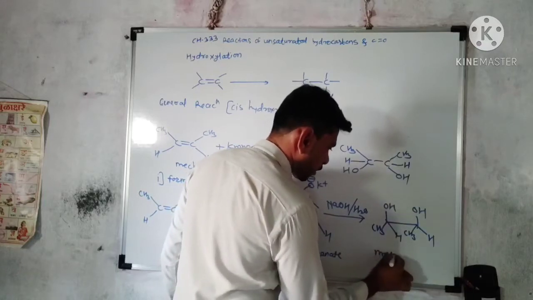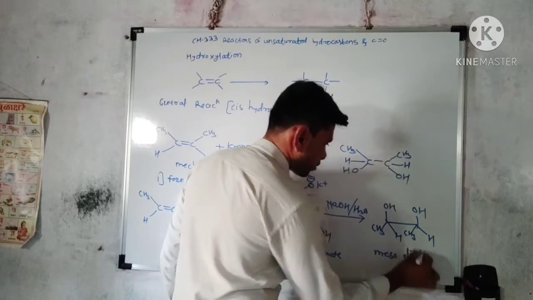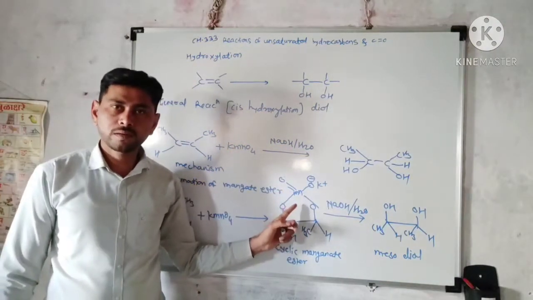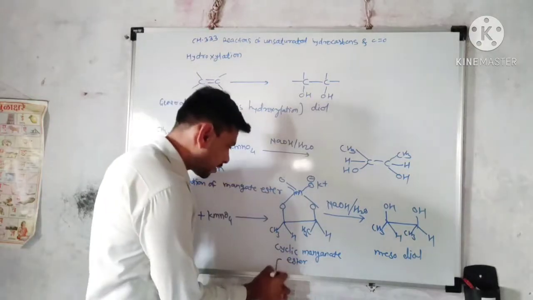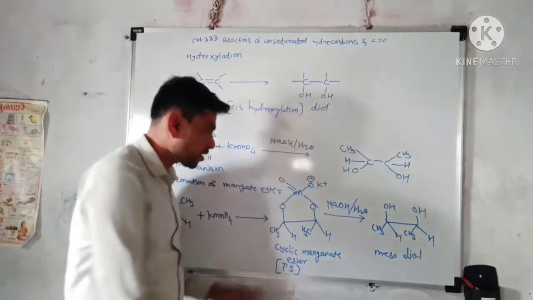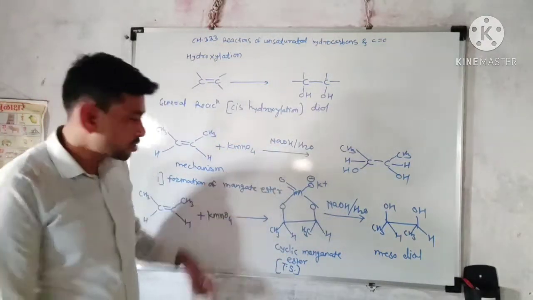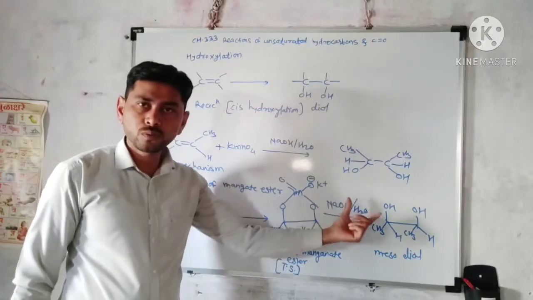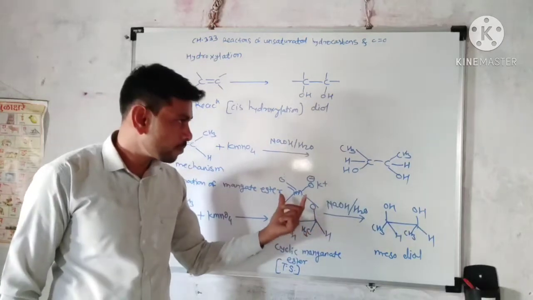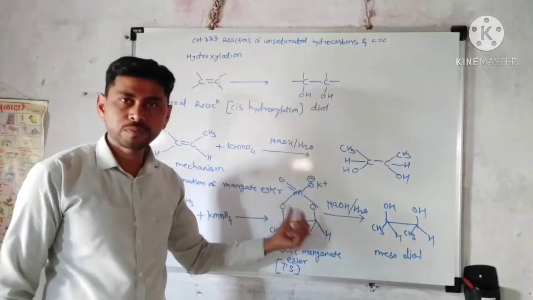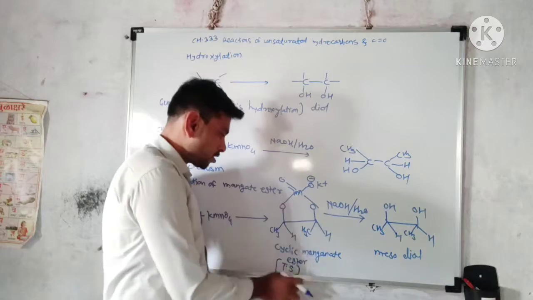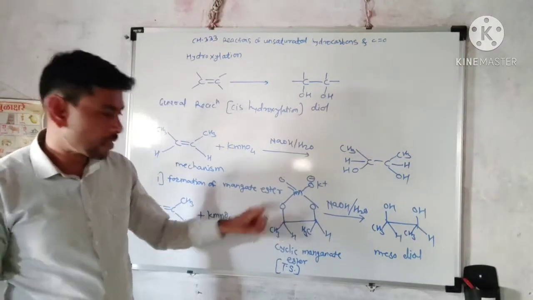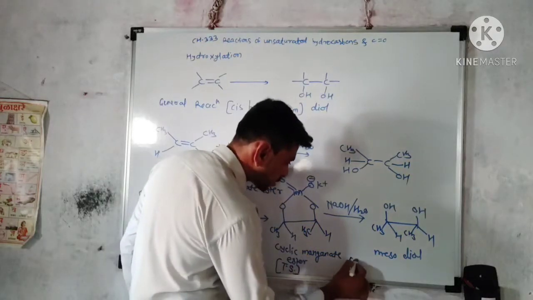We get the meso diol formation because of this cyclic transition state, where we obtain a cyclic intermediate, and due to this cyclic intermediate, addition of these two oxygens or two OH groups takes place from the same side.